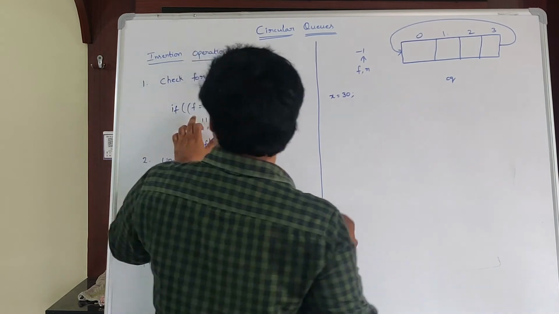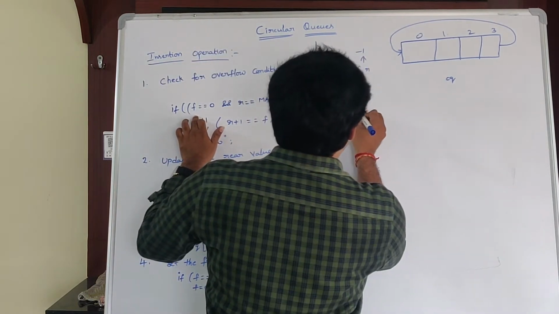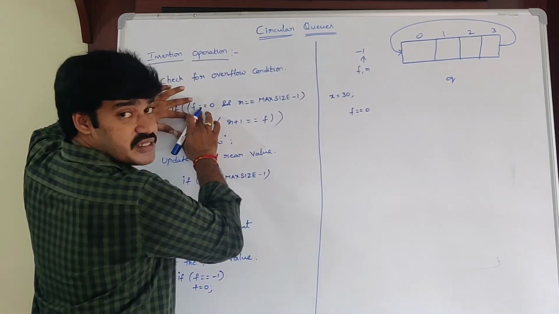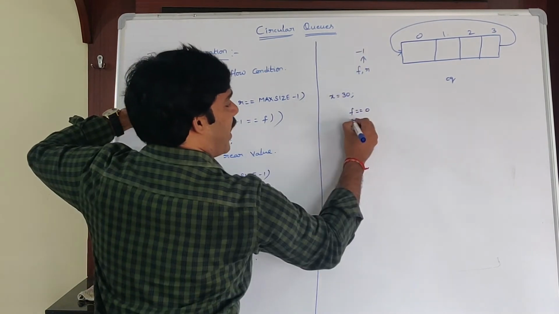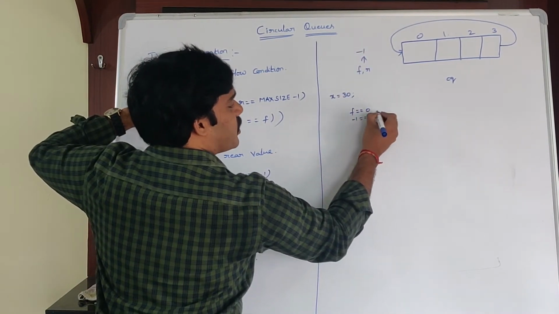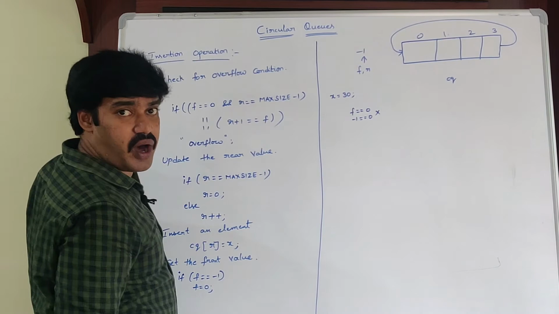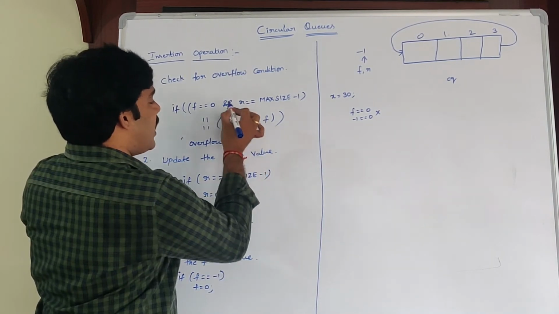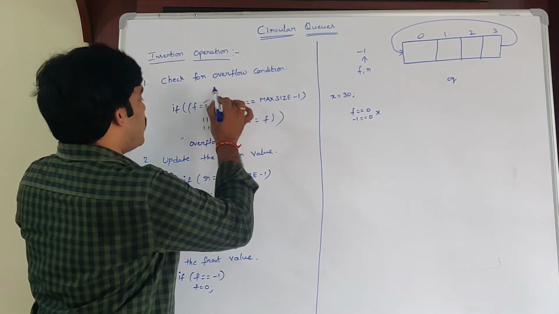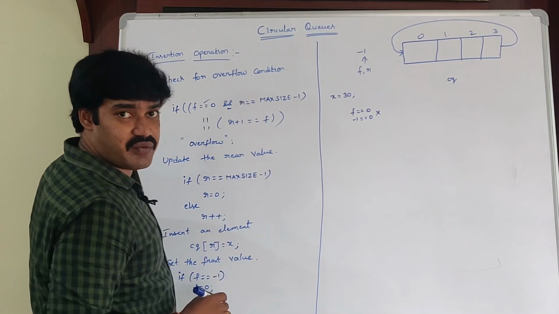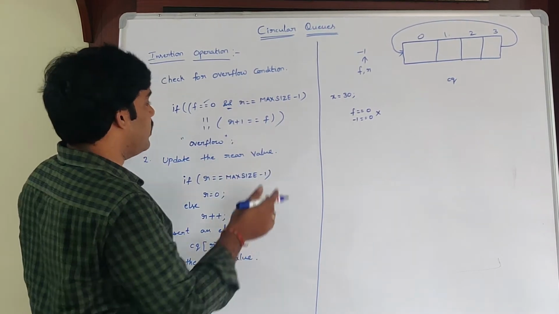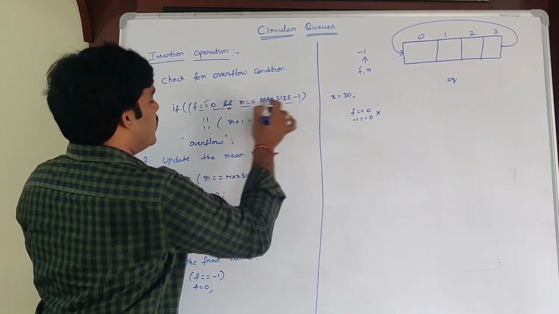So what is the condition? Is F equal to 0? What is the value of F? Minus 1. Minus 1 double equals 0 condition is false. Coming to the logical AND operator, if the first one is false, no need to go for the second one. The compiler won't go for the second one. So this entire condition is false.